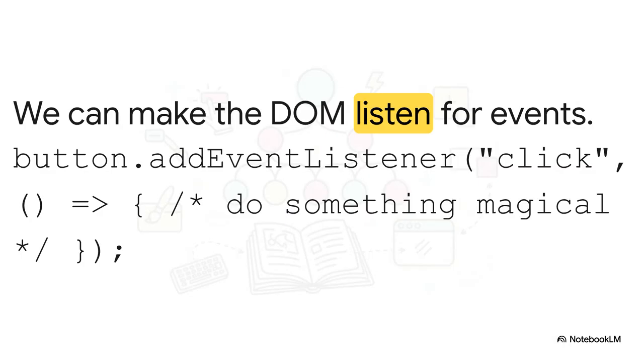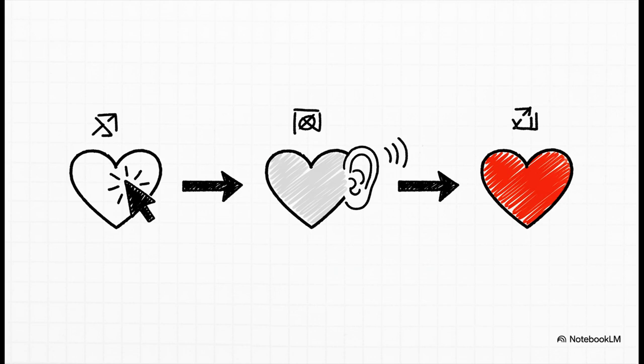And with JavaScript, we can attach listeners to any node in the DOM. This bit of code here, add listener, does exactly what it sounds like. It tells a specific element, in this case a button, hey you, I want you to listen for a click event, and the second you hear one, I want you to run this piece of code right here. It's like we're setting a little tripwire, just waiting for a user to trigger it. And this right here is what powers pretty much every interactive thing you do on the web.